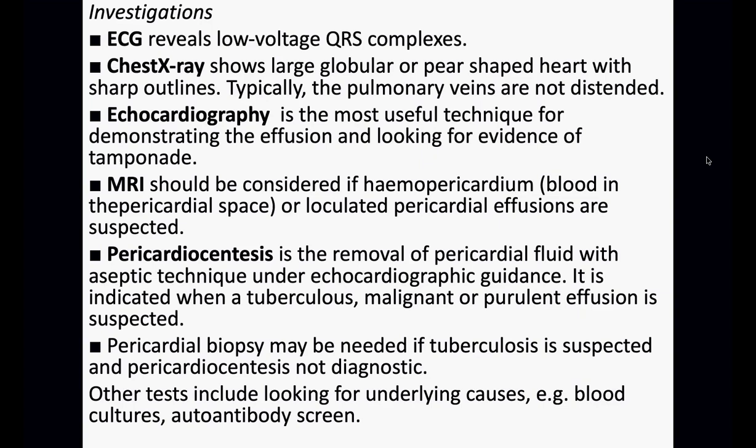Also, MRI may be indicated, and pericardiocentesis is the removal of pericardial fluid with aseptic technique under echocardiographic guidance. It is indicated when tuberculous, malignant, or purulent pericardial effusion is suspected. Pericardial biopsy may be needed if TB is suspected and pericardiocentesis is not diagnostic.